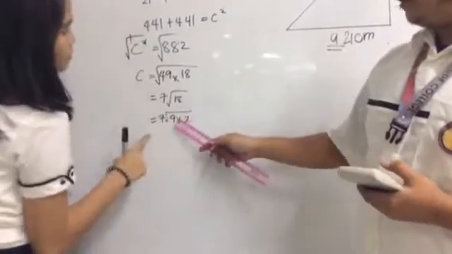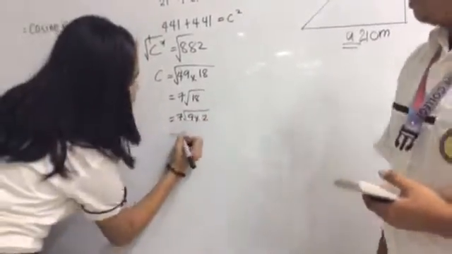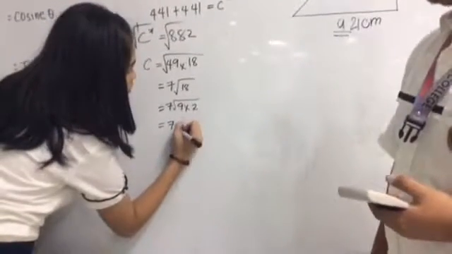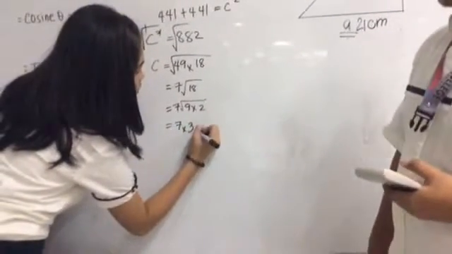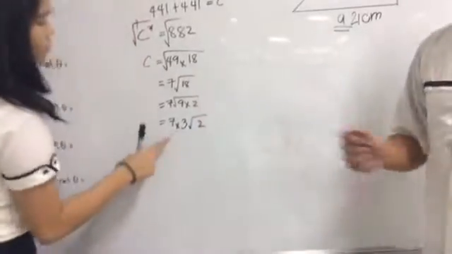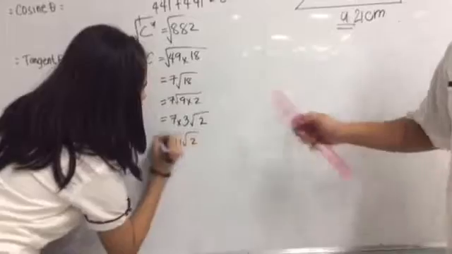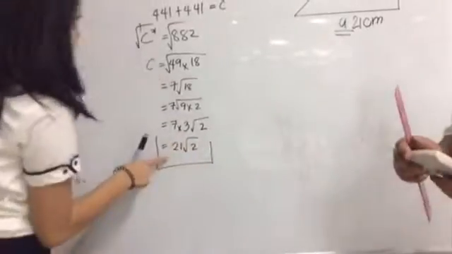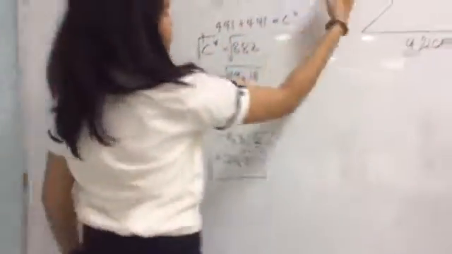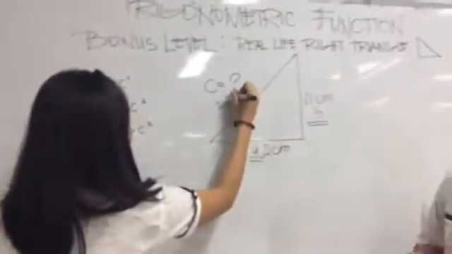So we take out the 9, then 7 times 3 square root of 2. 7 times 3 is equals to 21 square root of 2. Then this is the measurement of side C, 21 square root of 2.